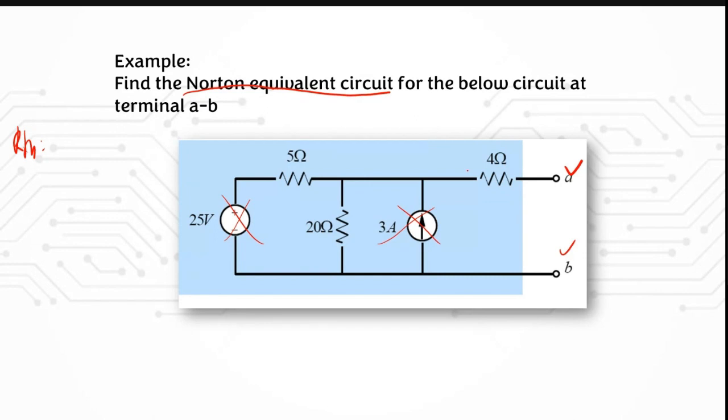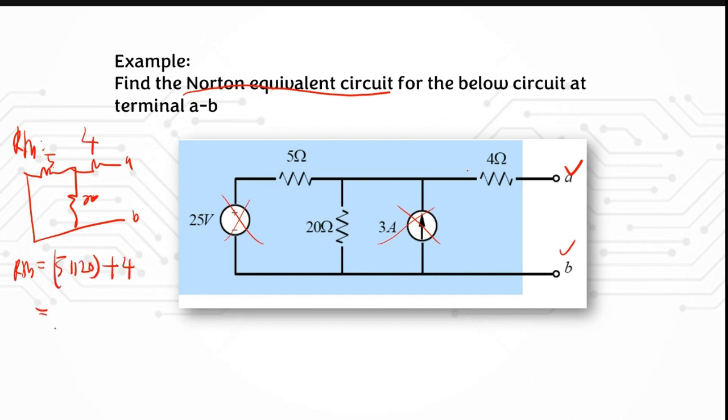So we can just turn these off, and draw the circuit again. Then we can calculate RTH, which is equal to 5 parallel with 20, plus 4. This is going to be equal to 8 ohm when you calculate.